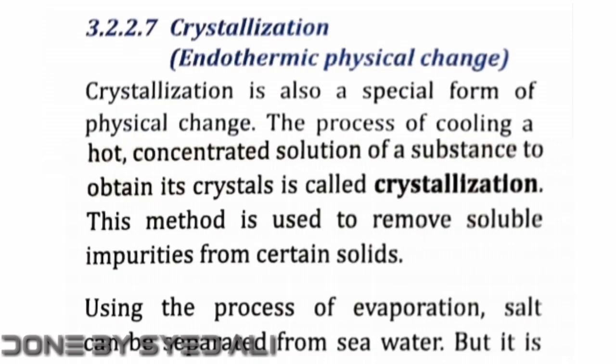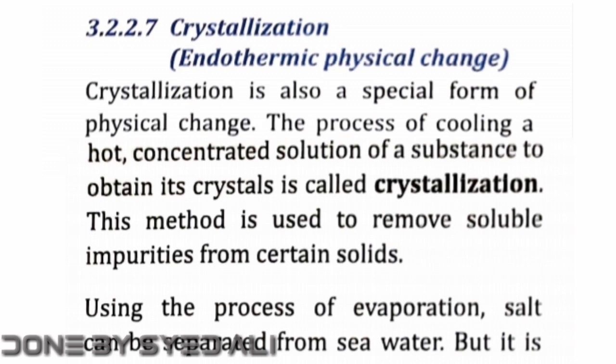The next subtopic is crystallization. Crystallization is also a special form of physical change. The process of cooling a hot, concentrated solution of a substance to obtain its crystals is called crystallization.